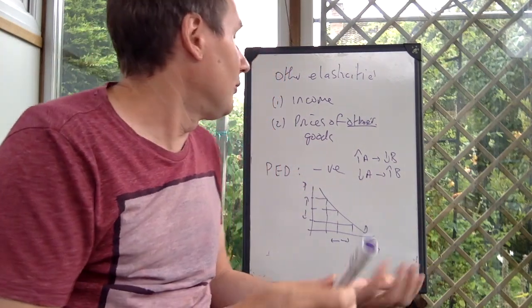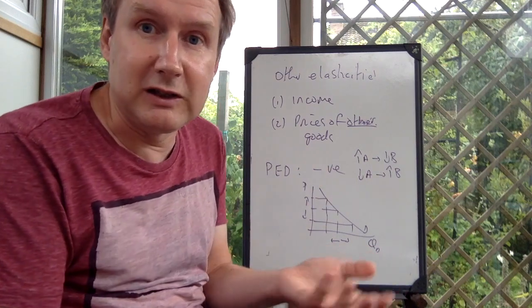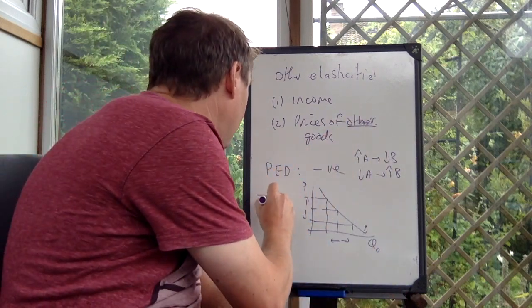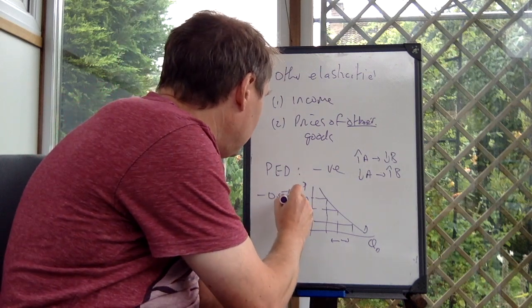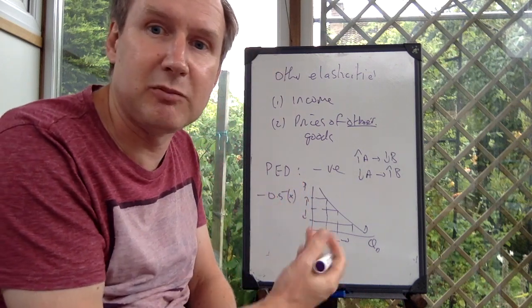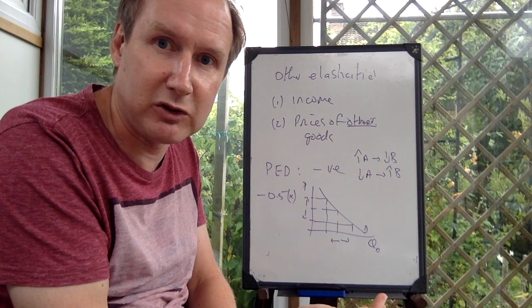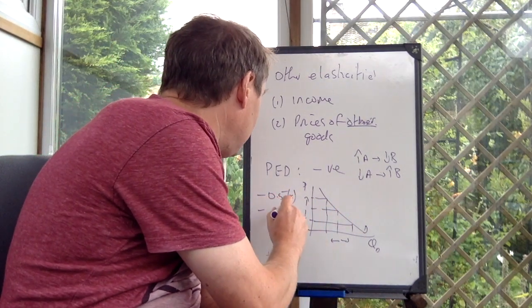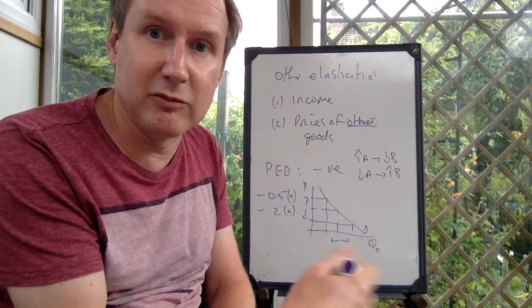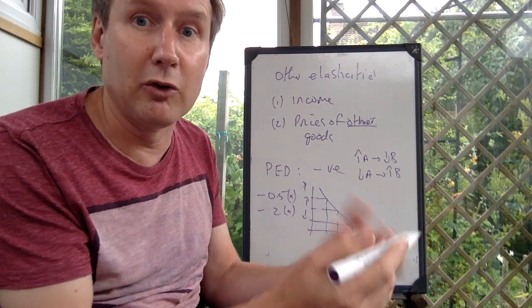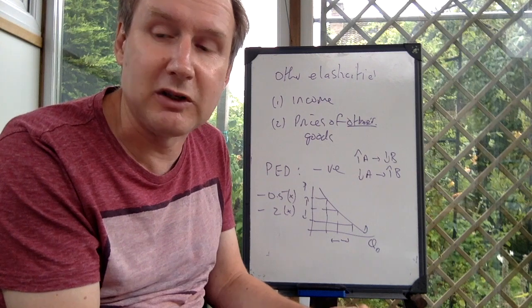So, as I'm saying, all elasticities are negative. Minus 0.5 is inelastic, because demand changes by 0.5 times as much as price. Minus 2 is elastic, because demand changes by 2 times as much as price. And all the minus says is it goes in the opposite direction.